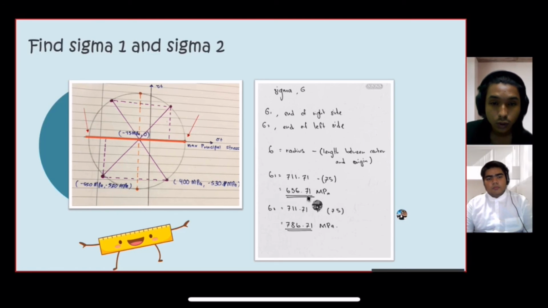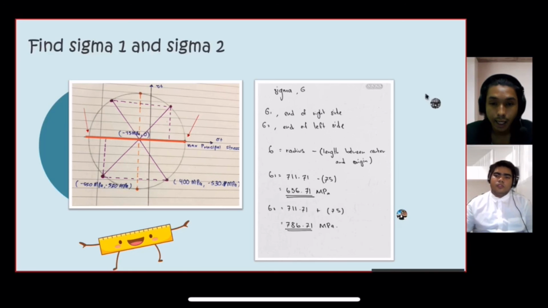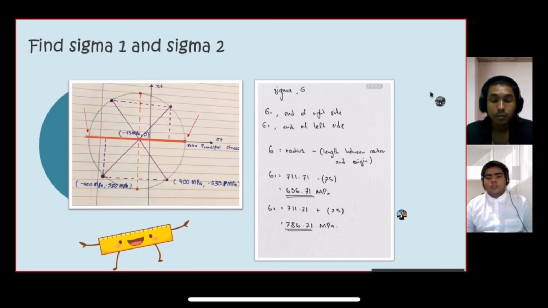To calculate, sigma equals radius minus the average stress. So we put in all the values and we got 711.71 minus 75 equal to 636.71 MPa, and sigma 2 is 711.71 plus 75 equal to 786.71 MPa.